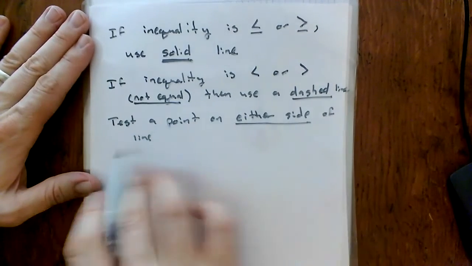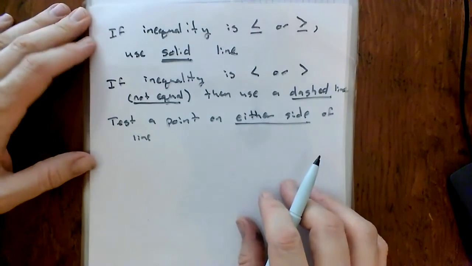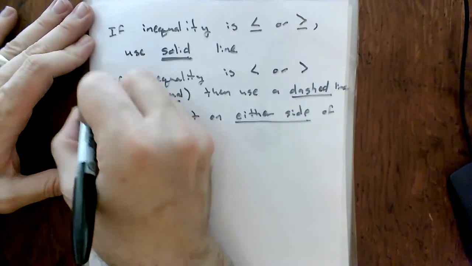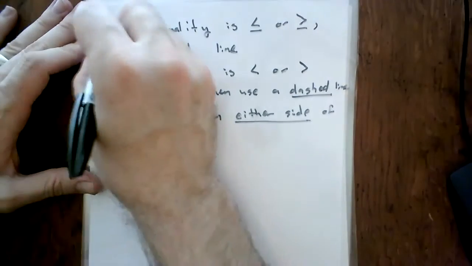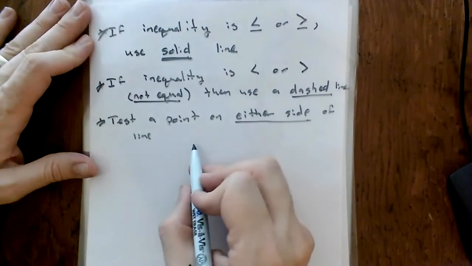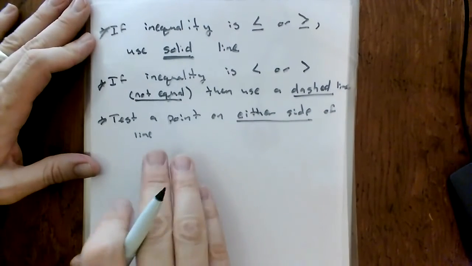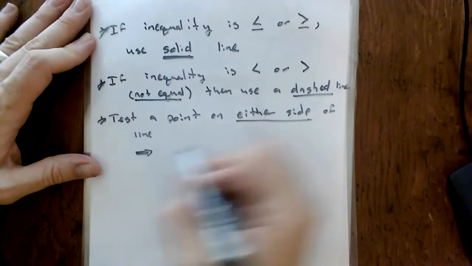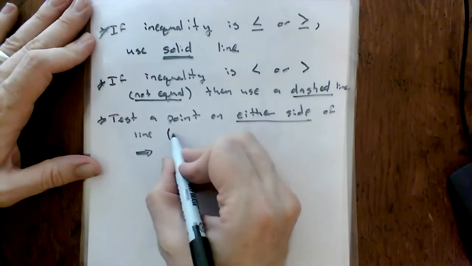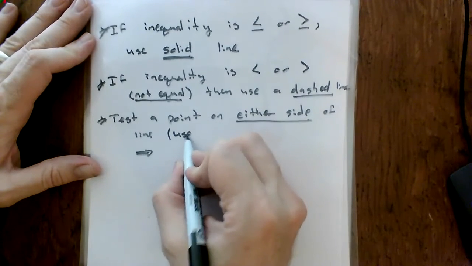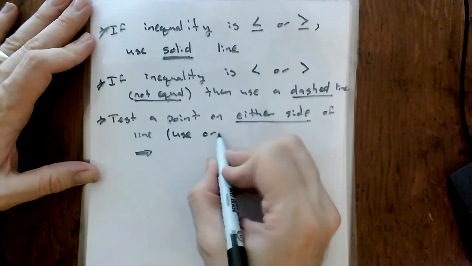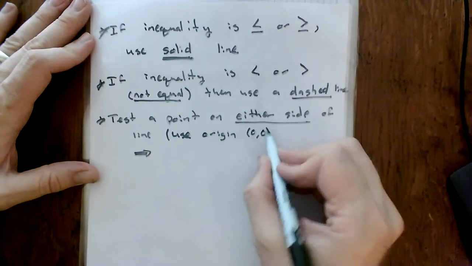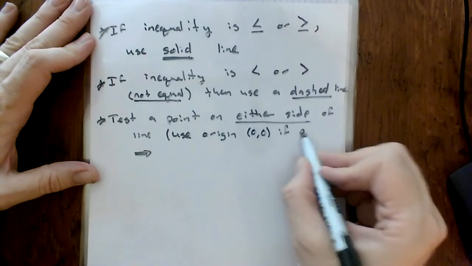This is helping us figure out if it satisfies the inequality, then we'll shade in that side. I like to say use the origin if possible, so the origin, which is that 0, 0 point.